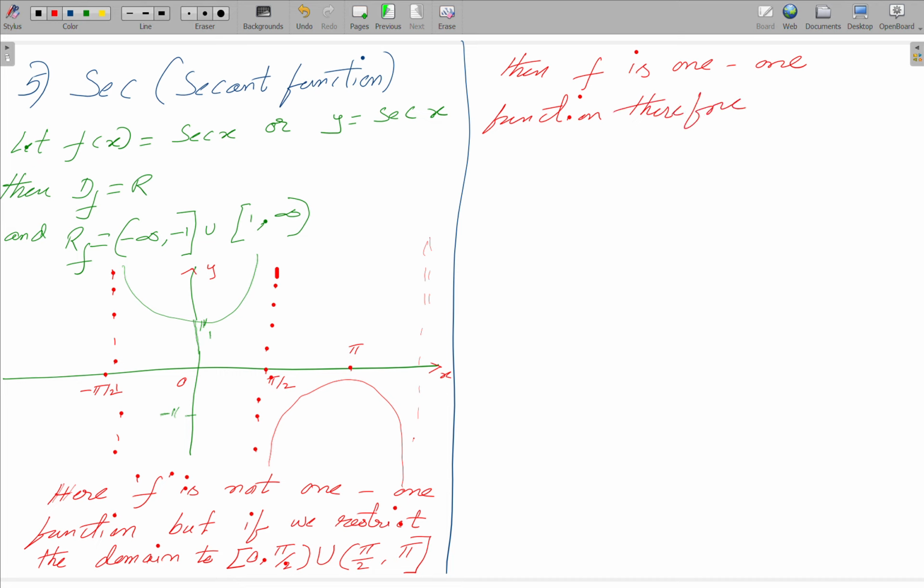Therefore its inverse exists and is denoted as sec inverse.